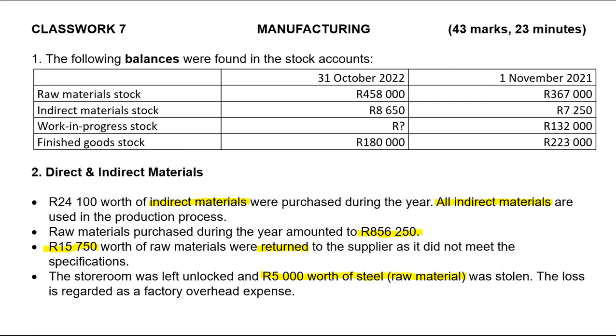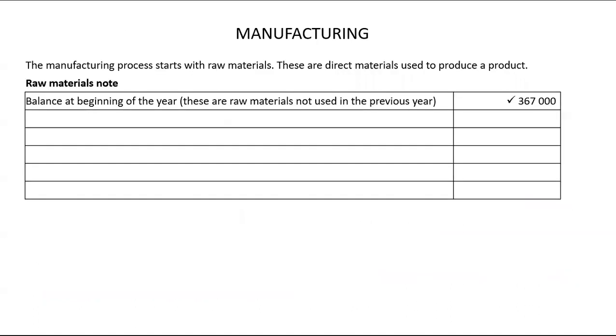It was stolen. And they also told you that the loss is regarded as a factory overhead expense. So this 5,000, we're going to put it under factory overhead as loss due to theft. So what must we do for now? We just are going to take total purchases minus returns and minus the loss, okay? And this is what we will get.